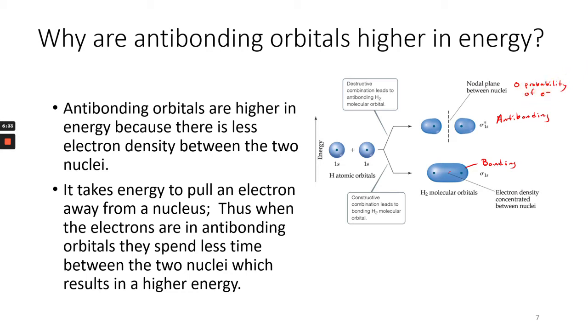So this is zero density, really. Because the electrons are not in between the nuclei here, it takes energy to pull an electron away from the nucleus. Here they're both in the middle of these two nuclei, kind of sharing them. Now they're kind of over here, so this only has this one nucleus. You pulled it away from that one. And over here, too, you pulled it away from that one. That takes energy. So thus, when electrons are in your antibonding orbitals, they're going to spend less time between the two nuclei, which results in a higher energy.